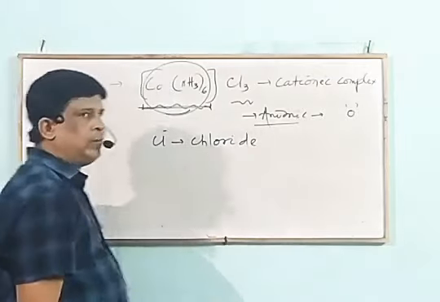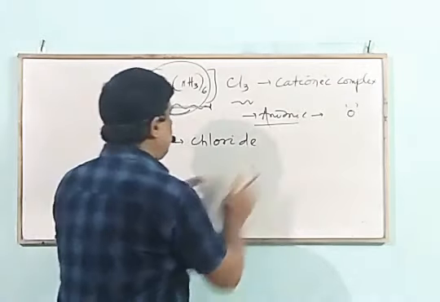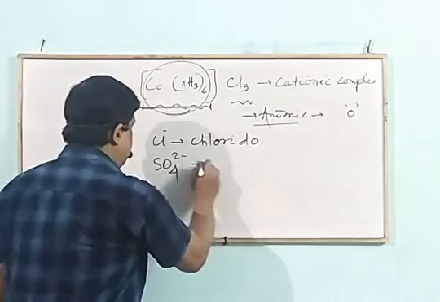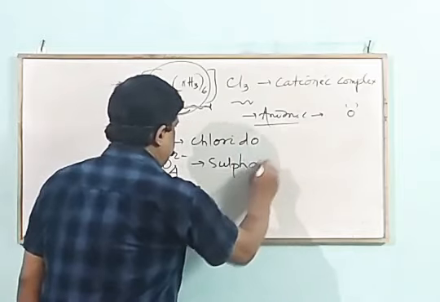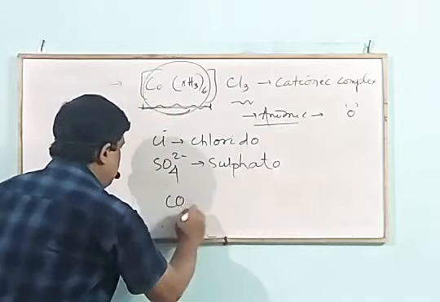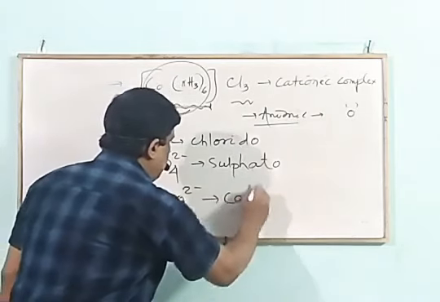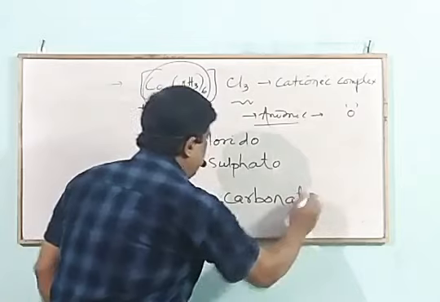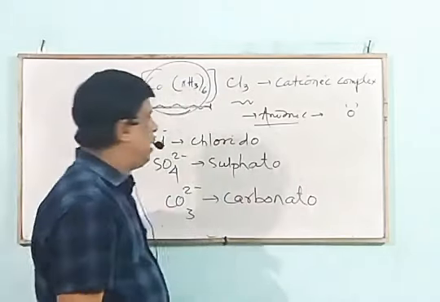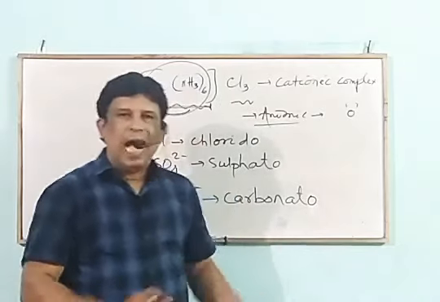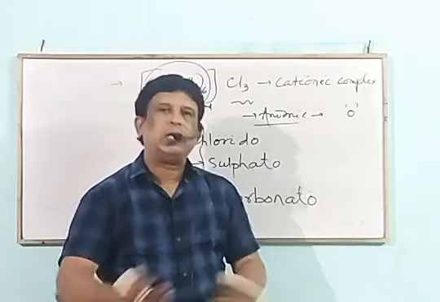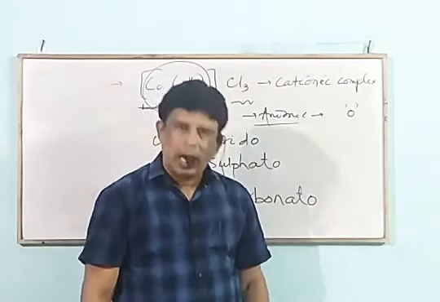Normally it is chloride, so remove the last letter and add O: chlorido. SO4 2 minus is sulfate; remove the last letter, add O. CO3 2 minus, its name is carbonate; remove the last letter, add O. In the case of anionic ligands: chlorido, bromido, hydroxido, sulfato, carbonato, acetato, etc.